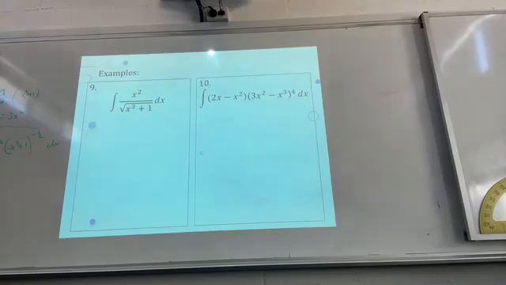So therefore, this whole thing will become 1/3 times x cubed plus 1 to the power of that plus 1 is half, divided by 1/2. Alright? Plus c, of course. Therefore, it is 2/3 x cubed plus 1 to the power of half plus c.